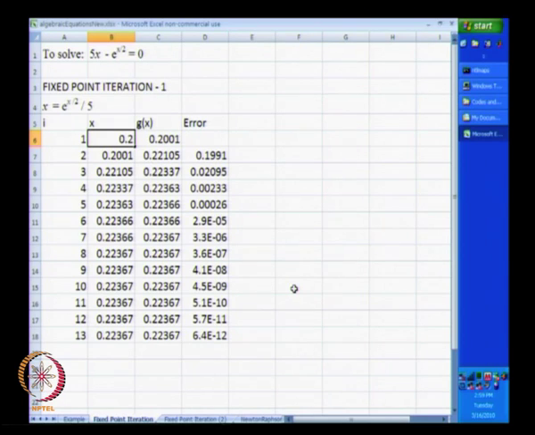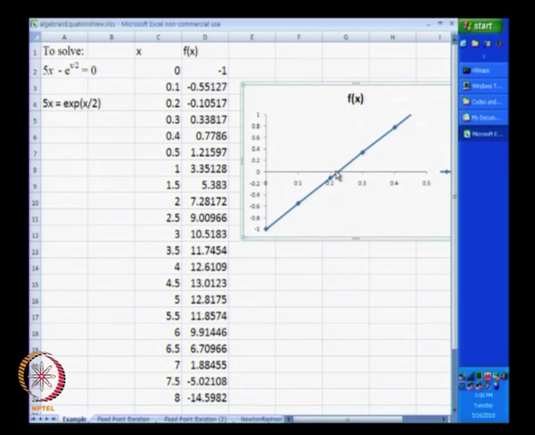What we find when the initial guess is x equal to 0.2 is that the solution converges to the desired solution fairly quickly, this time in 5 iterations. Again, starting from here we have ended up at this particular solution.